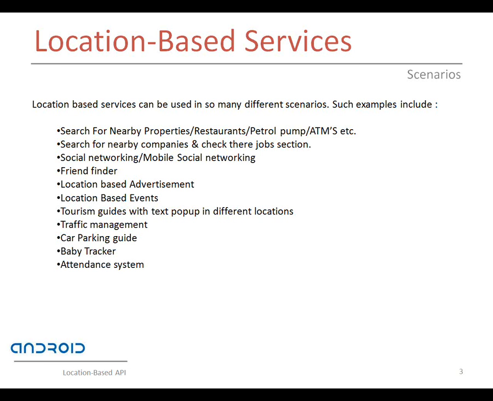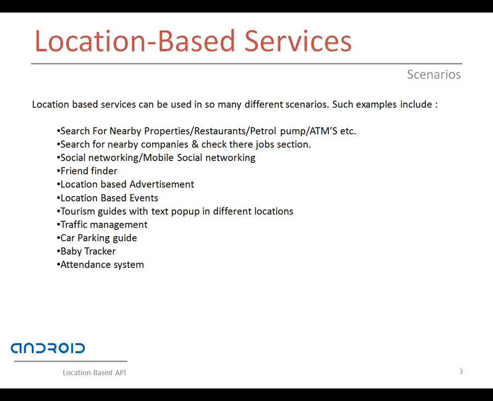Location based event is a similar kind of thing to location based advertisement. You are sending the advertisement of events which are nearby to you. Next is tourism guide with text pop-up in different locations. That can show you the tourism guide, like what the important places are and how to reach them.